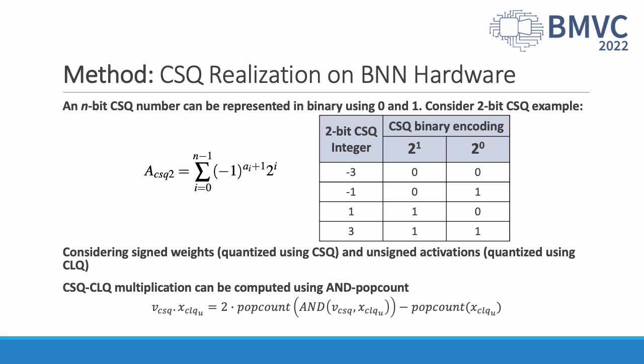Okay, now let's look at the CSQ realization on BNN hardware. We introduce a new binary encoding method for CSQ quantization levels. A 2-bit example for CSQ binary encoding is shown in the table. And using this binary encoding, to compute the CSQ and unsigned CLQ multiplication, we can use AND pop count.